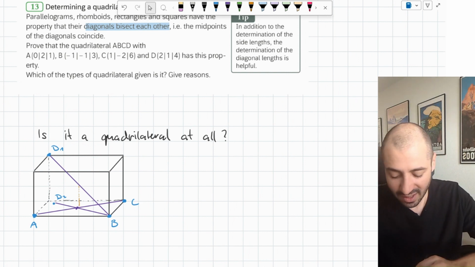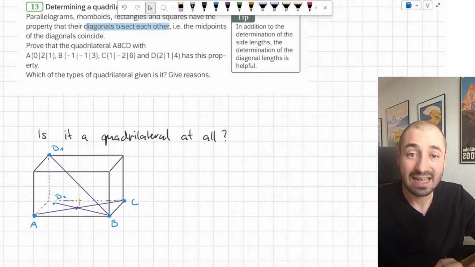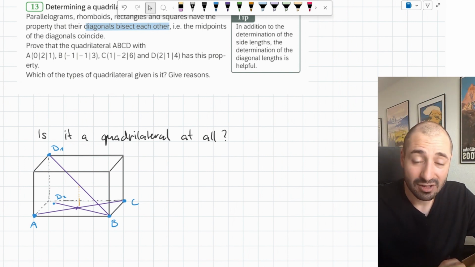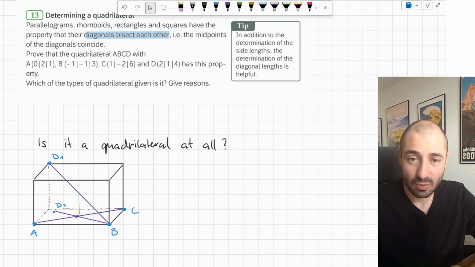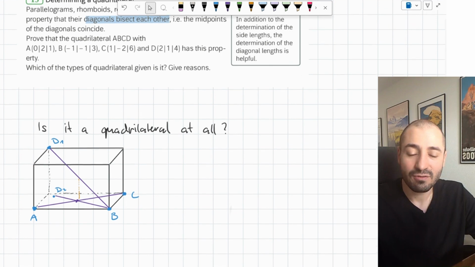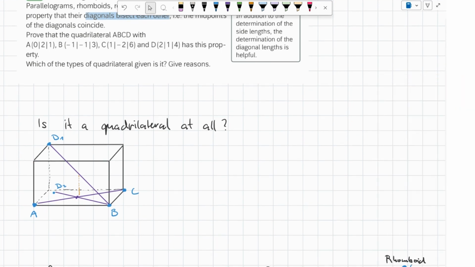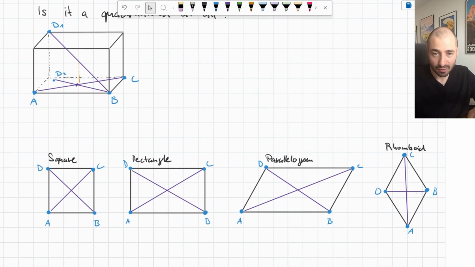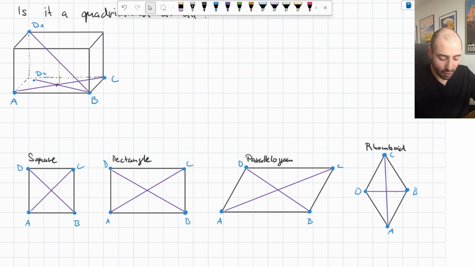So if we can figure out whether they intersect, then we know that the 4 points form a quadrilateral. And if they bisect each other, in other words, the midpoints coincide, then that's an even stronger criterion, because then we know that they form a quadrilateral, and actually a special type of quadrilateral, because there are only 4 quadrilaterals where the diagonals bisect each other.